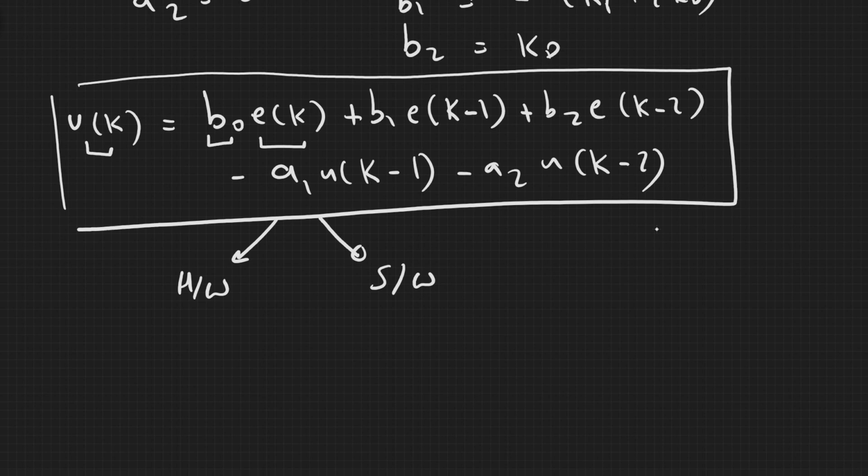These are the different aspects that you need to consider when you are implementing your digital PID controller. But at the end of the day, it's just a basic recursive filter difference equation that can easily be implemented in hardware or in software. So it's quite simple.